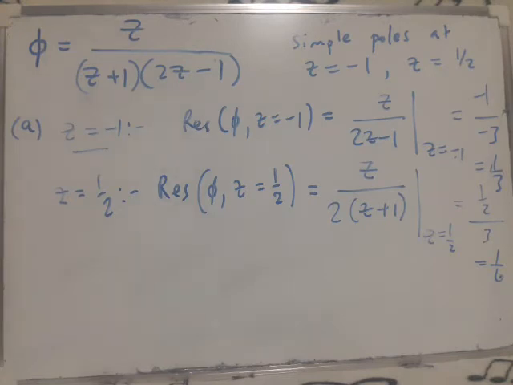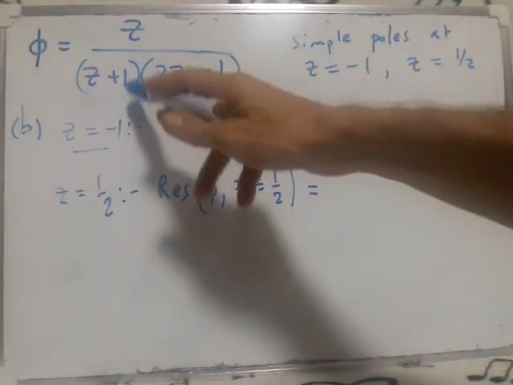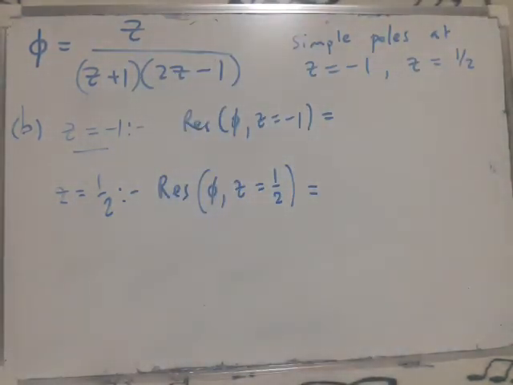Okay, so let's now use the other method, called method B, the P over Q dashed method. So we do the z equals minus 1 case. You can choose P to be anything as long as P is not 0 at z equals minus 1.